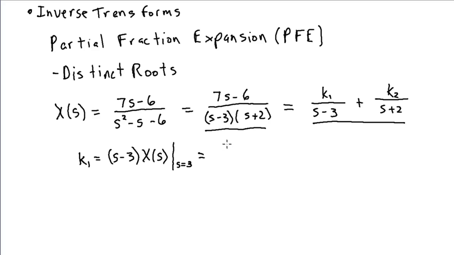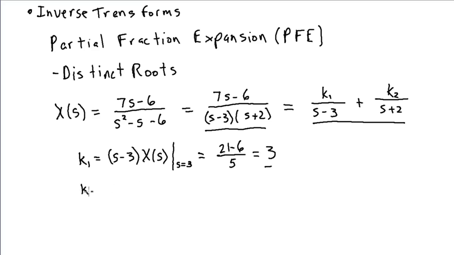So I'll have 21 minus 6 in the numerator, or 15, and then s plus 2, or 3 plus 2, or 5 in the denominator. So this reduces to 3, and that gives us our K1 term.